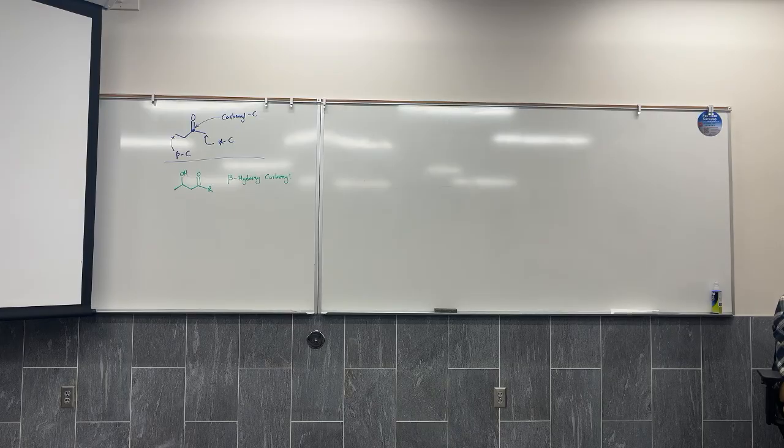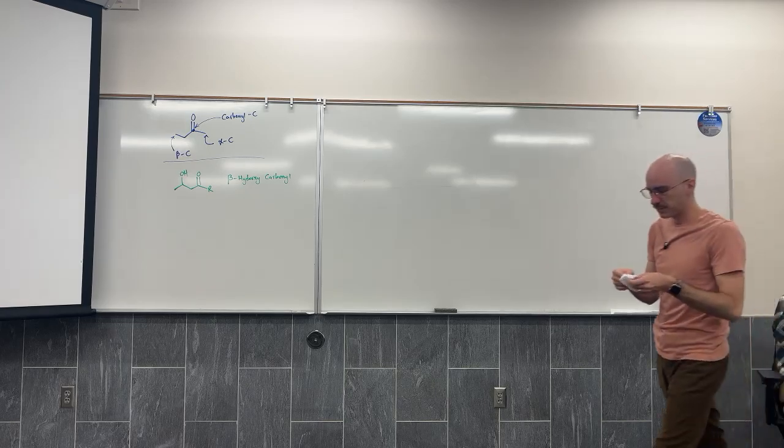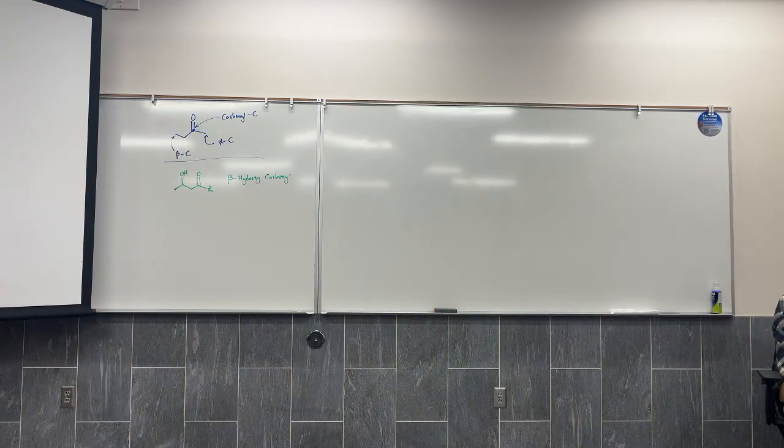Now, we can be more specific, and we can clarify it's a beta hydroxy ketone, a beta hydroxy aldehyde, a beta hydroxy ester. For now, I want you to have that generic idea in mind.